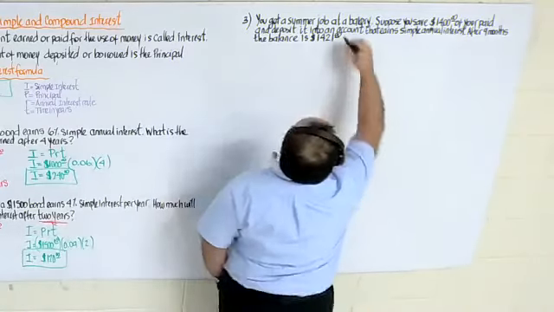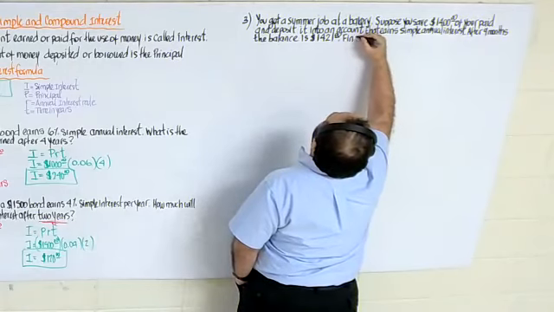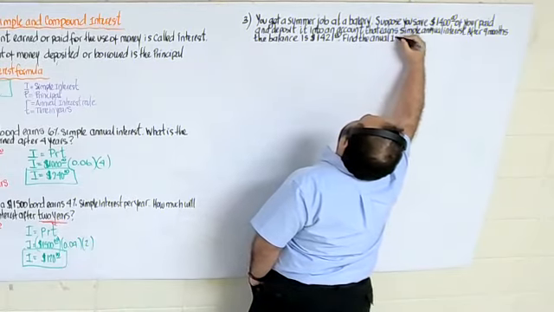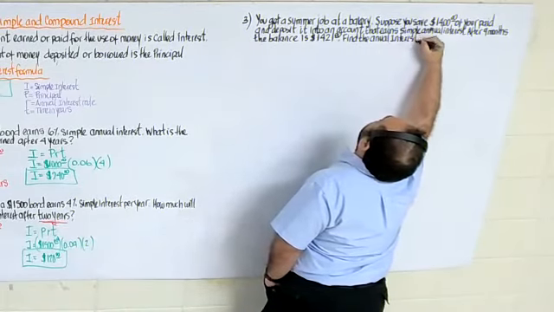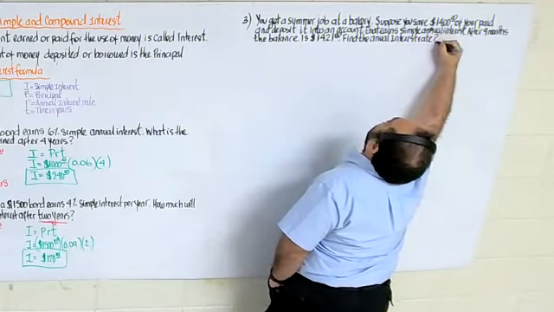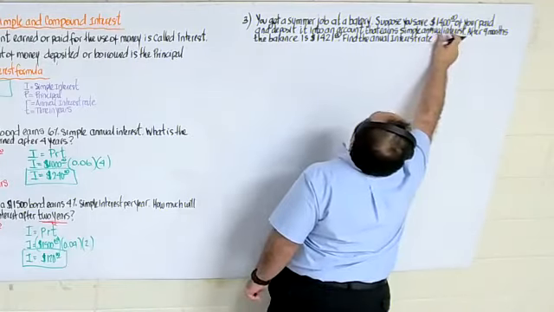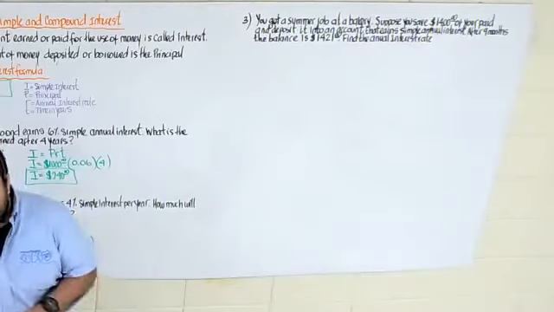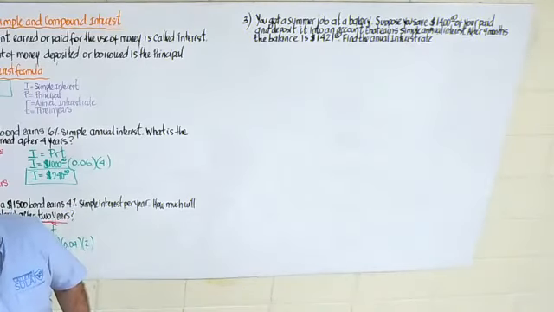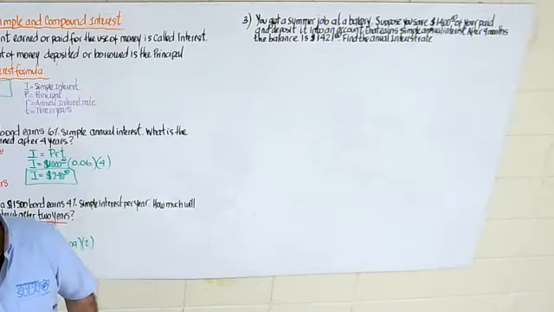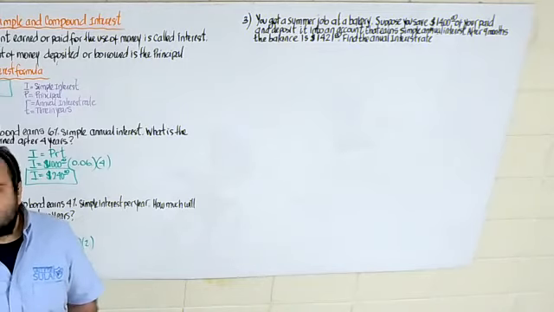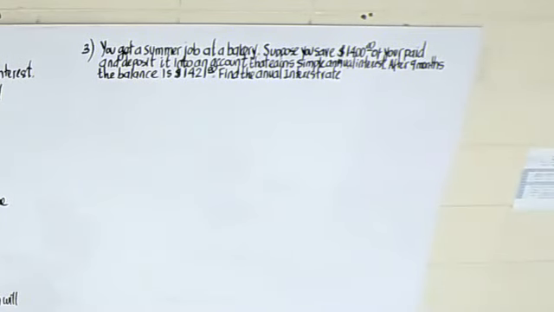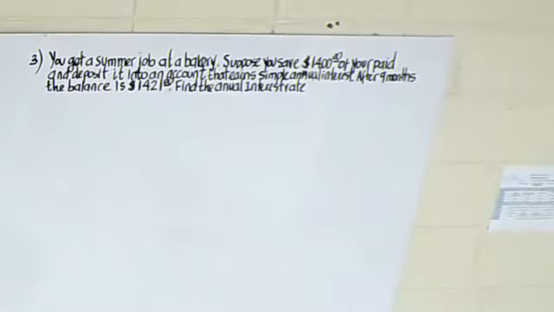The question is, find the annual interest rate. This is a very interesting problem. I'm going to approach the camera just a little bit, and I think you can read the word problem better, right?